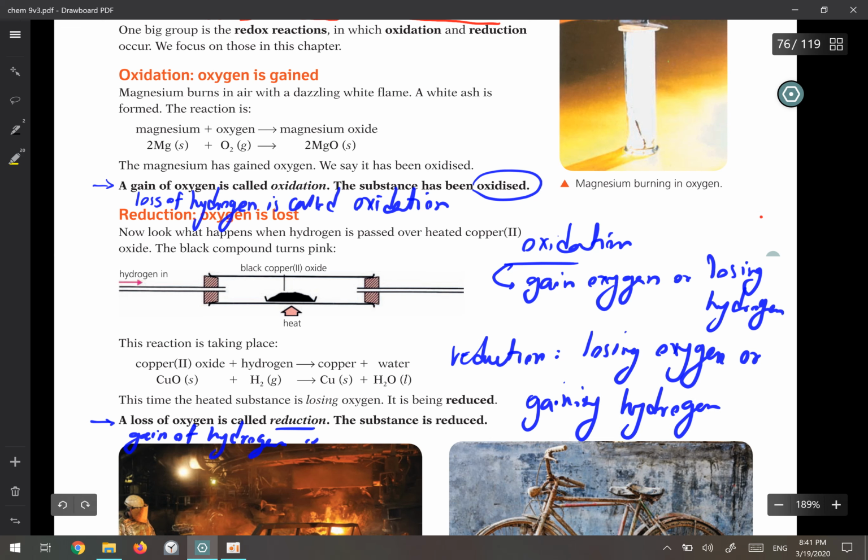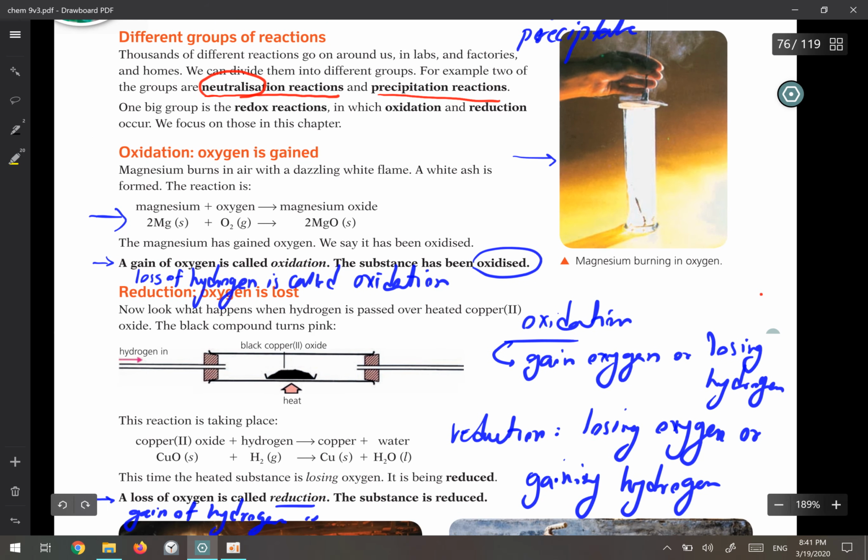Okay, so let's look at some examples based on the definitions that we have here. Look at these reactions. What happens to the magnesium? Magnesium reacts with oxygen and is converted to magnesium oxide. You can see the reaction here in this picture. The reaction is highly exothermic, which means it releases a lot of heat, and we say it burns in air with a white flame.